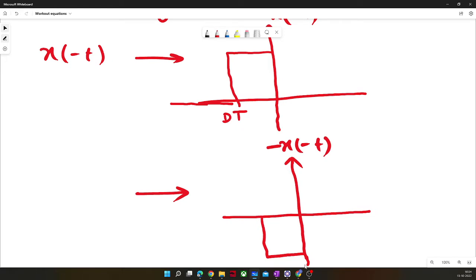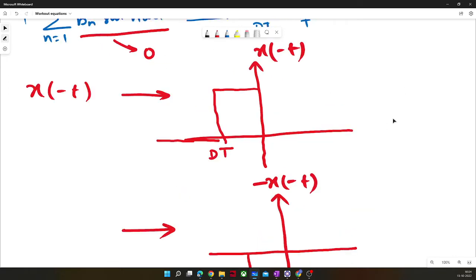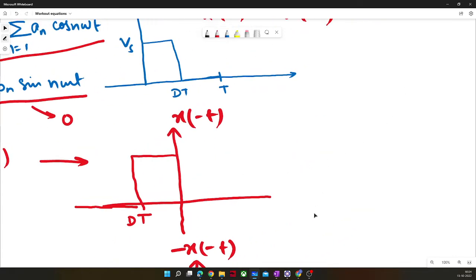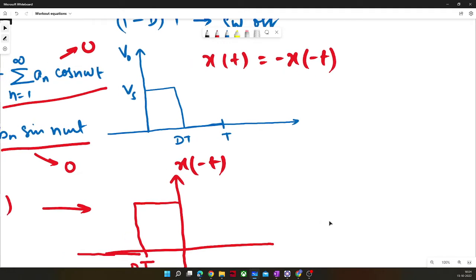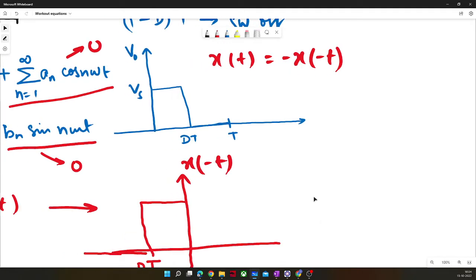Yes, sir. So it seems like it is not an even function. But we can make it an even function, right? If you want, you can shift it by some portion and make it an even function.